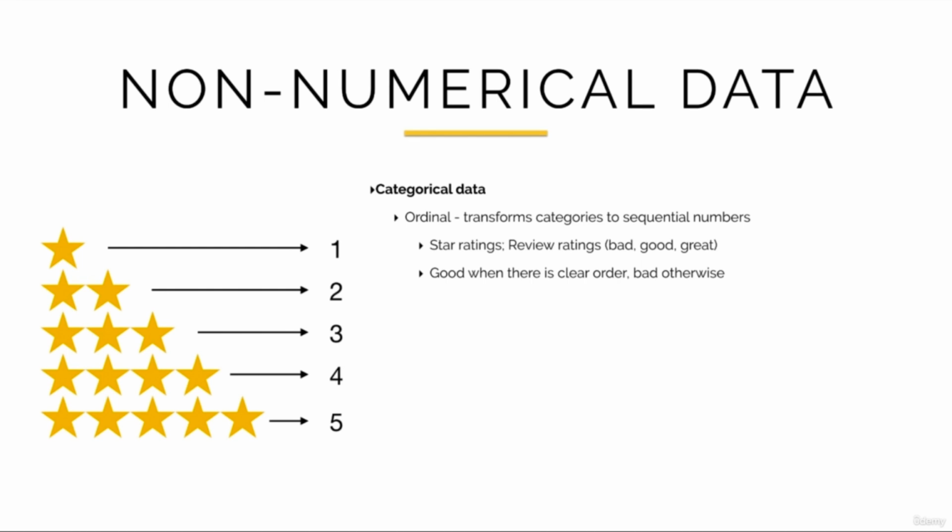Now doing this type of transformation to sequential numbers is good when the underlying values have a distinguishment between them. If there's a hierarchy, so 2 stars is better than 1 star, 4 stars is better than 3 stars, and 5 stars is the best. So this is a good way to treat data that has an underlying order.